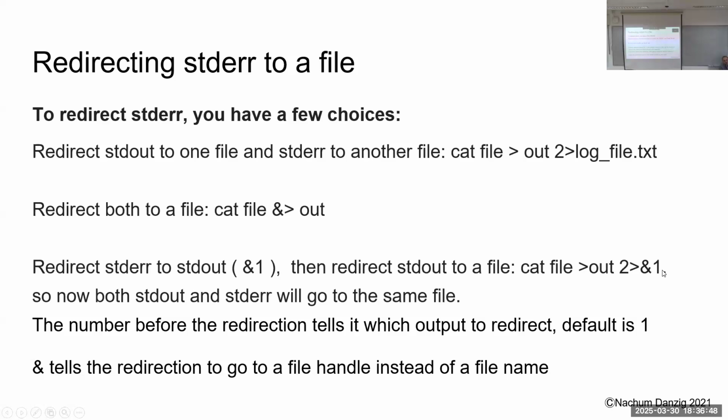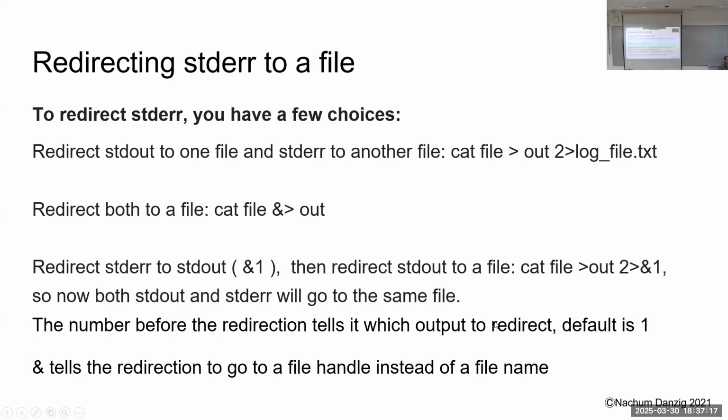If I just wrote a 1, there would be a file called 1. If I write ampersand 1, it means the thing that the standard output is going to. So the standard error will go to the standard out. So it's another way of doing the same thing. This is equivalent to this. In fact, this is shorter, but this is maybe more clear if you understand what we're talking about. But this is saying the standard error message should go to wherever the standard output is going.